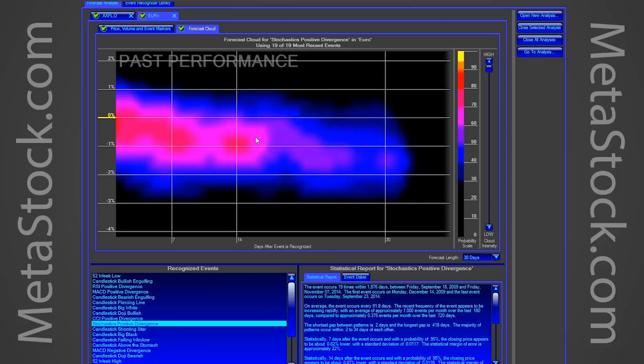So if a stochastic positive divergence is something you look for and feel is important to the way you trade, something you use in your charting, then you can utilize the forecaster to confirm the direction things are going and get a good forward look at what's coming up over the next 30 days in this case.